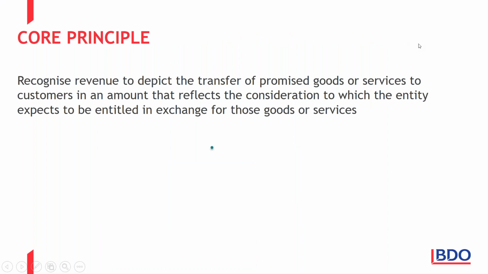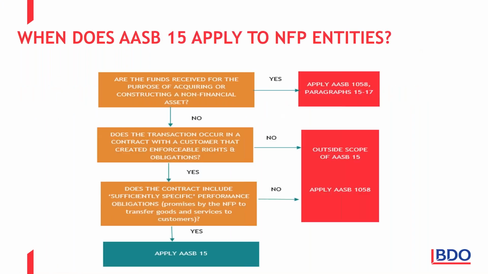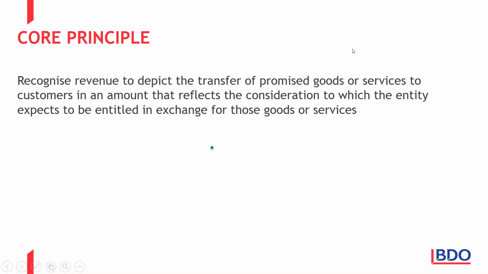So if you do end up in AASB 15, and I'll go back to the previous slide, if you jump all these hurdles and you do end up as a not-for-profit entity applying AASB 15, the core principle in AASB 15 is that you recognize revenue to depict the transfer of the promised goods or services to customers in an amount that reflects the consideration to which the entity expects to be entitled in exchange for those goods or services.